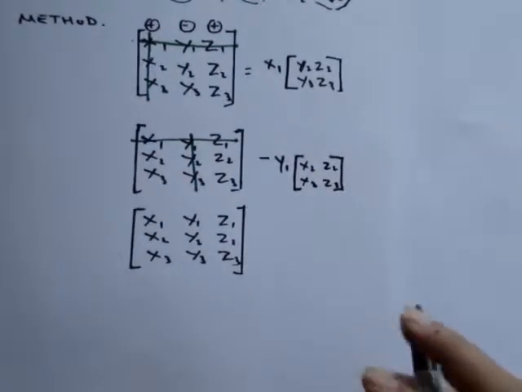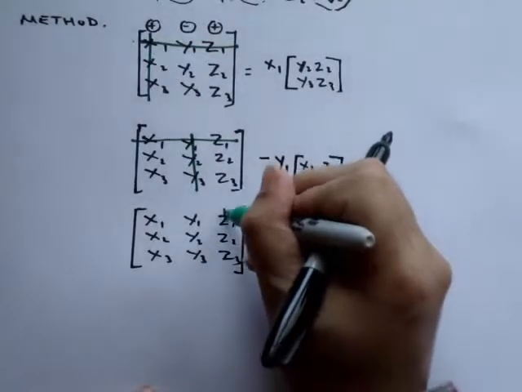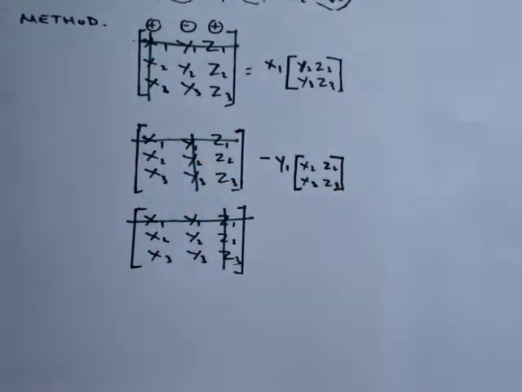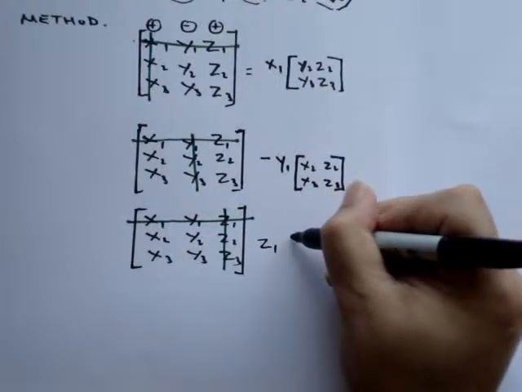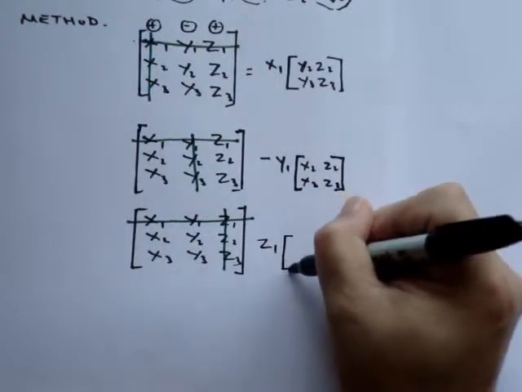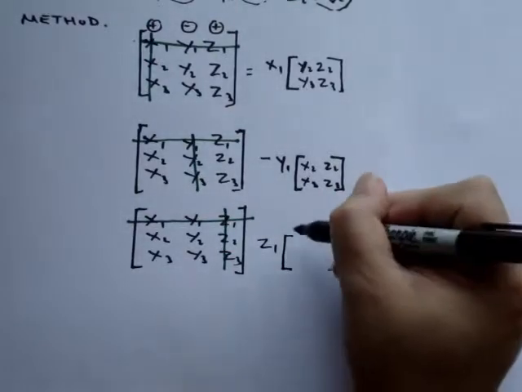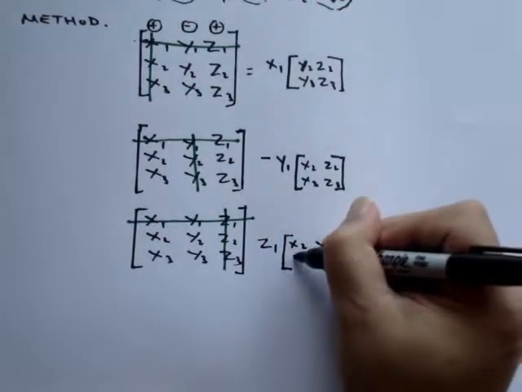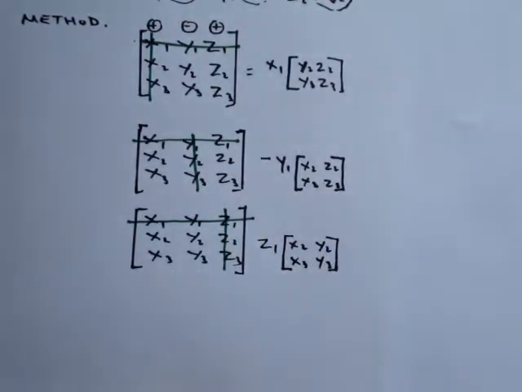And then finally we draw a line through z1 and across, and this becomes our 2 by 2 matrix here, so this would be z1, and our 2 by 2 matrix would then become x2, y2, x3 and y3.